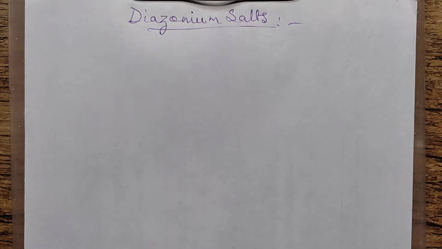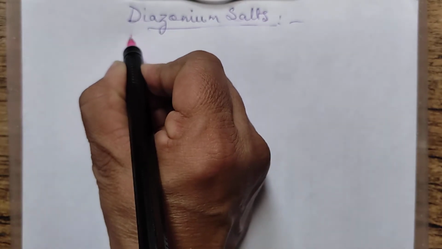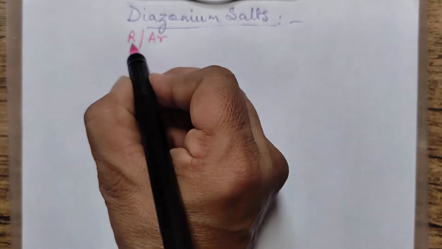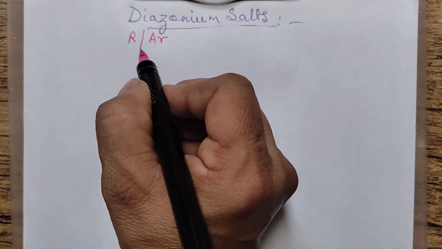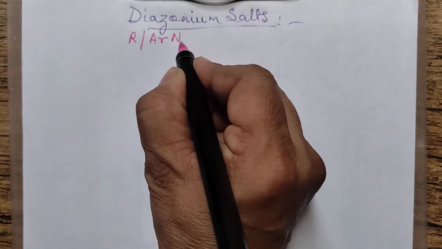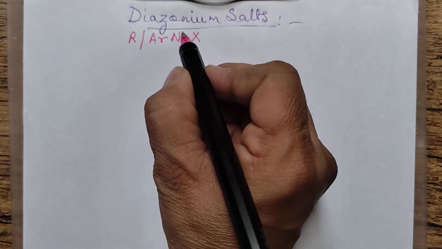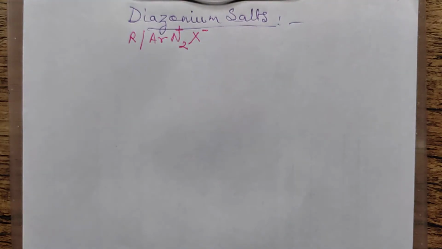Now, what is a diazonium salt? Normally we write it as R or Ar, depending upon whether we are talking about alkyl or aryl, then N2 and X. This N2 part we write as positive, and this is negative. Now how do you read this?